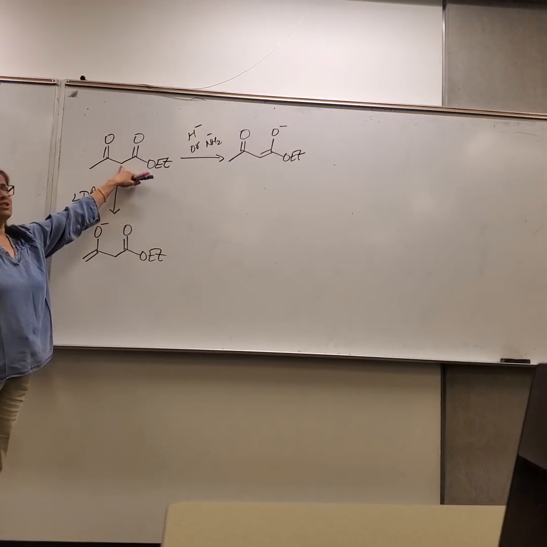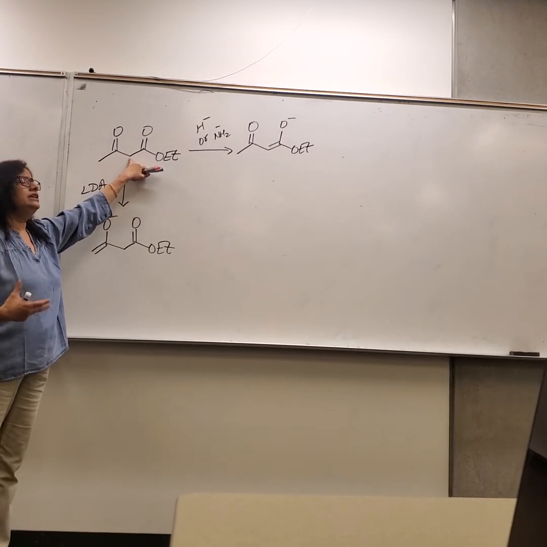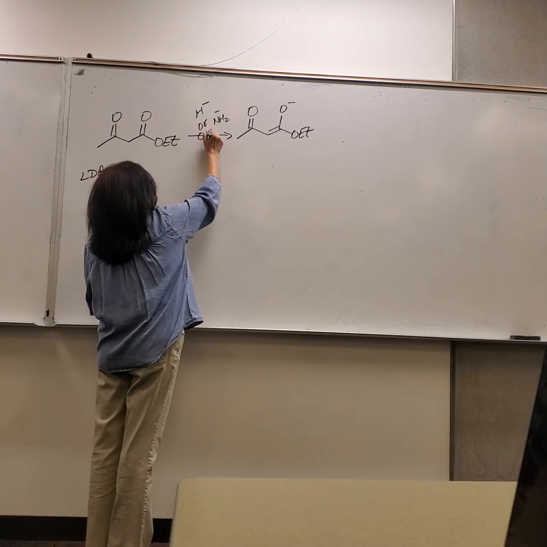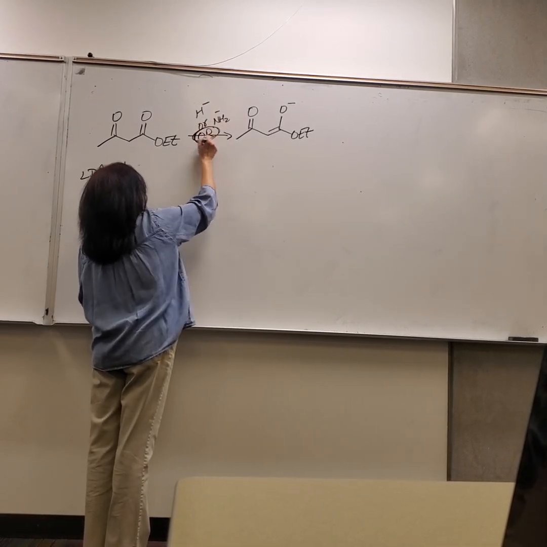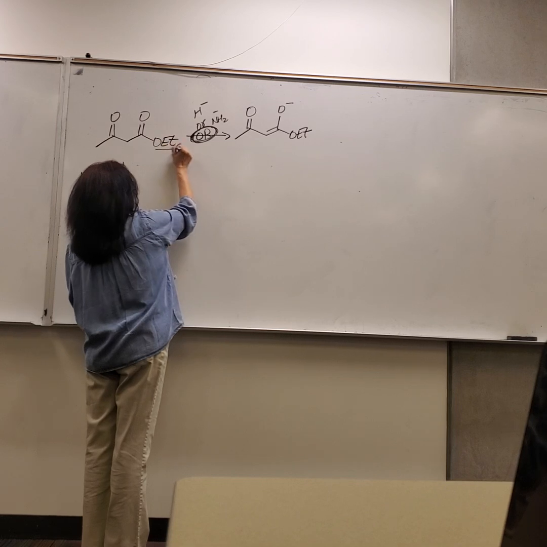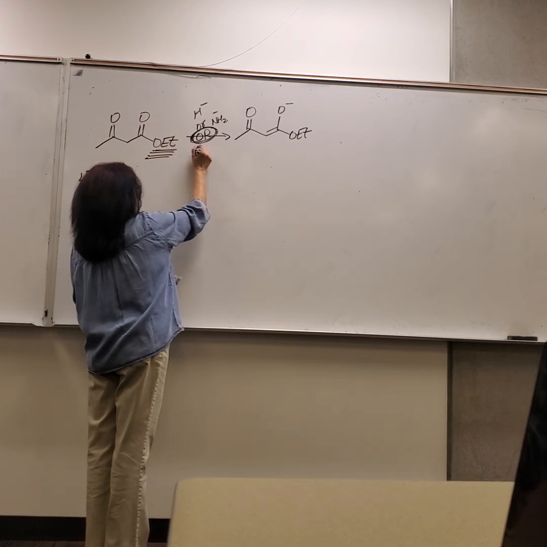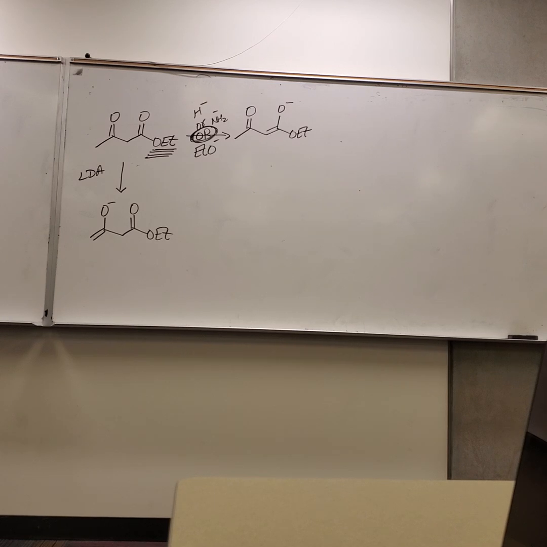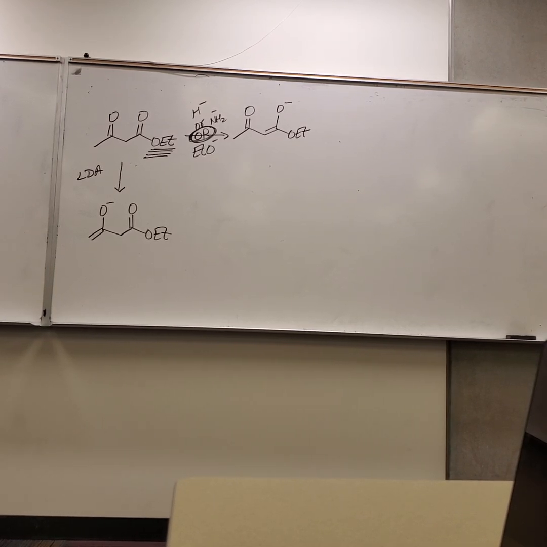Or because these are very acidic hydrogens, since they're surrounded by two carbonyls, we can also use, and in fact that's what we will use most commonly, ethoxide, because hydrides and amides could do something else that we didn't intend to happen.